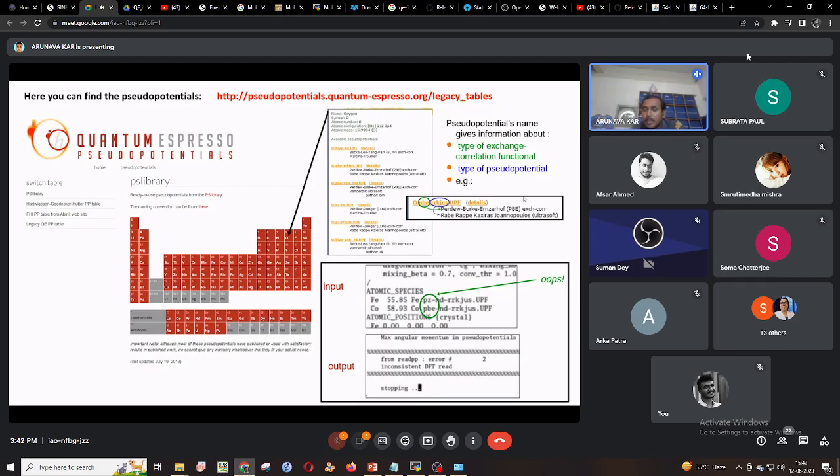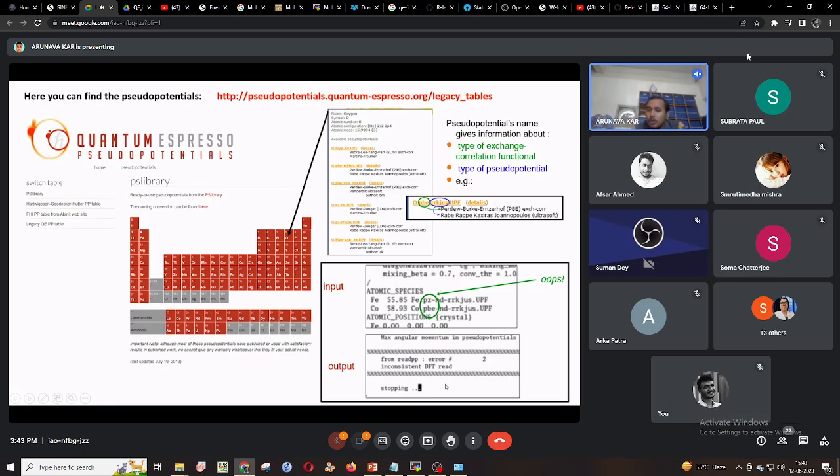Now here one question is, if you are using two different atoms like Fe and cobalt, one thing is that you cannot use two different exchange correlation functionals. Like here, if you look at this, cobalt is using a PBE pseudopotential, but if you put Fe as a PZ, then this will give you an error.